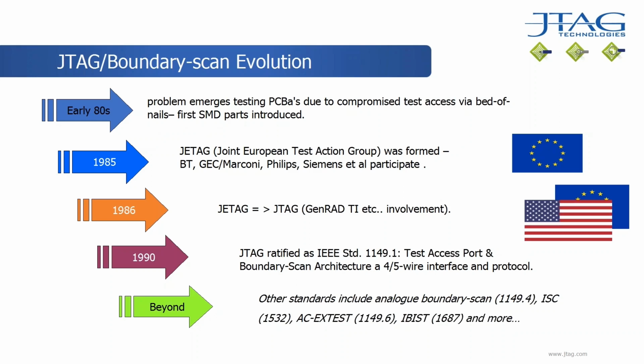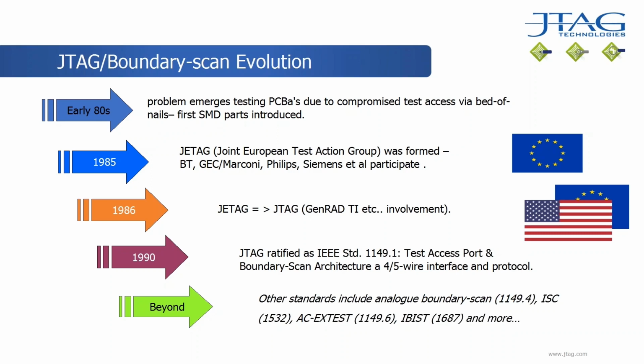Then we see some efforts to enable testing of AC coupled signals like low voltage differential signals and embedded test and so on. So 1149.1 was the base, and from that base other standards have grown and emerged, some more successfully than others.